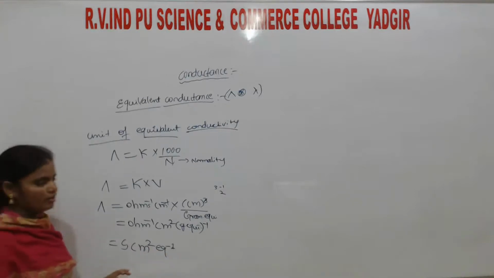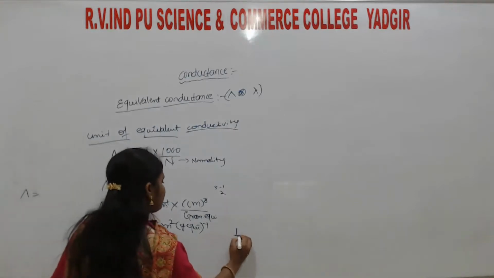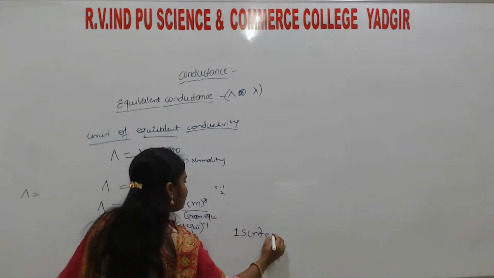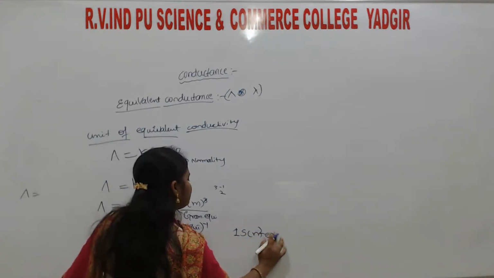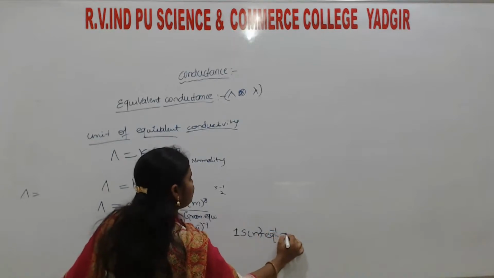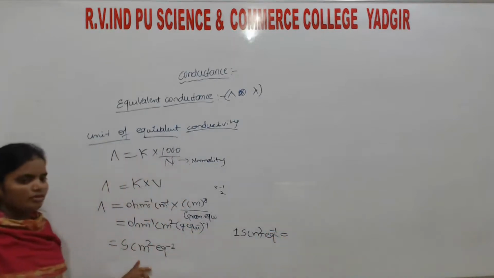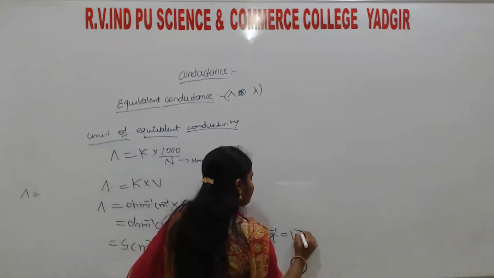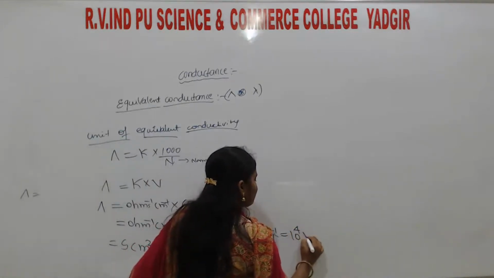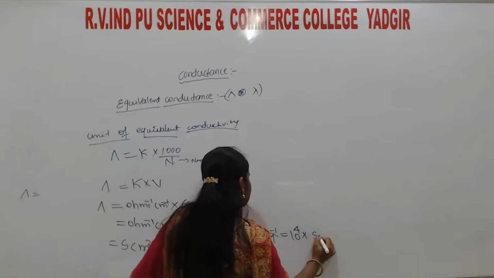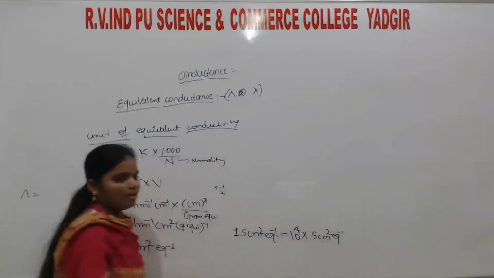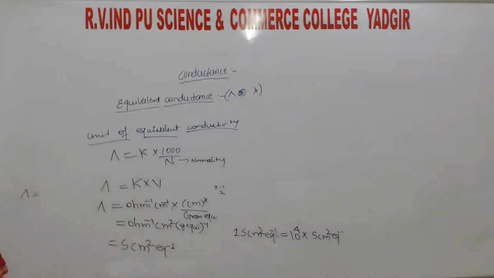According to SI unit, 1 Siemens centimeter square per equivalent is equal to 10 to the power of 4 multiplied by Siemens centimeter square per equivalent. This is the SI unit.